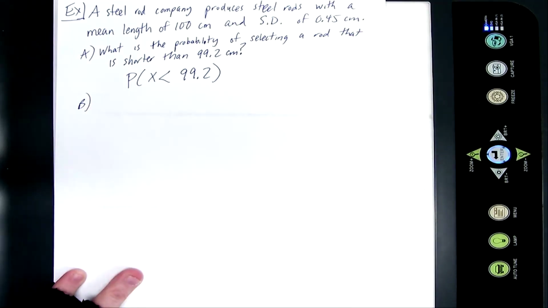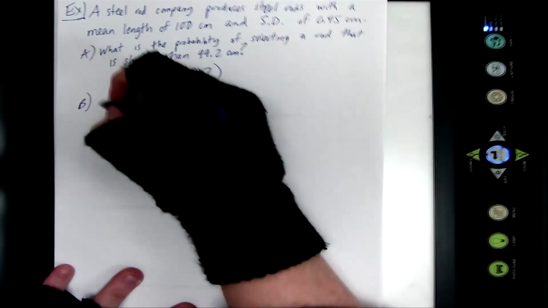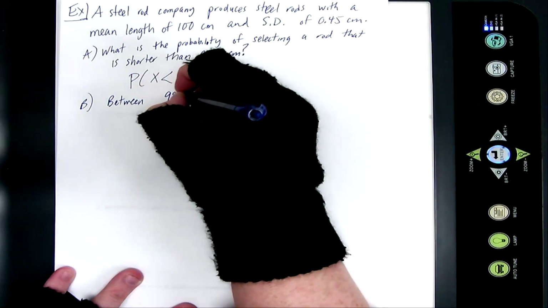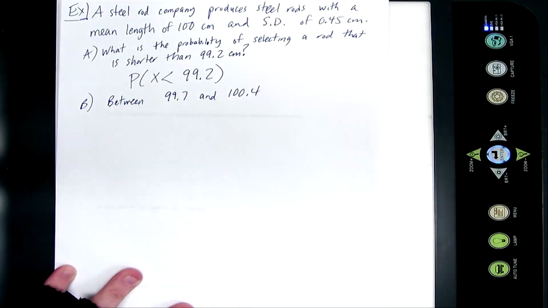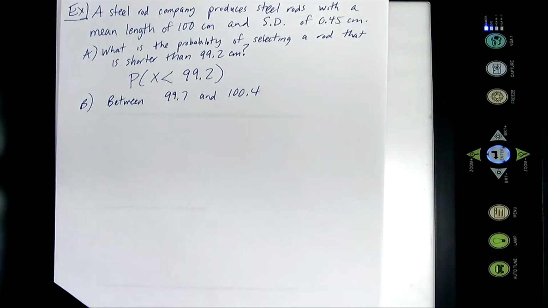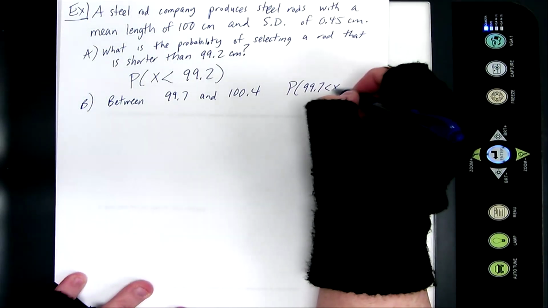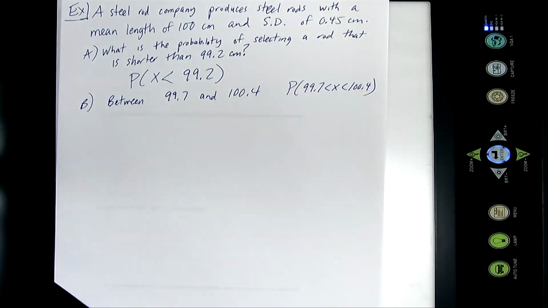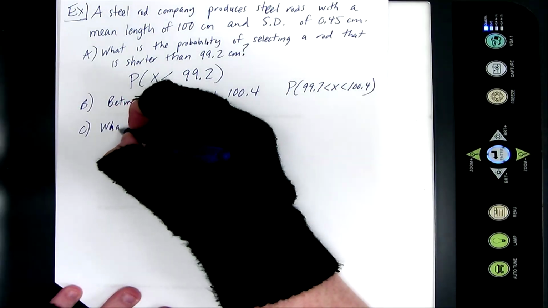What about if we do between 99.7 and 100.4? We're just putting those in, so we'll calculate that. And then let's look at, what are the middle 90%?